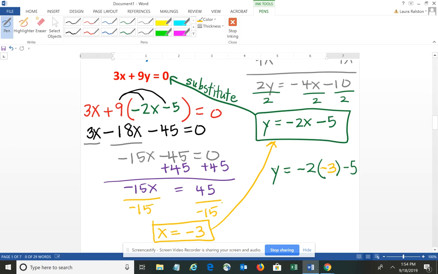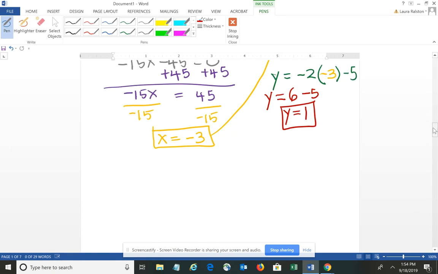So then I do the math. y equals negative 2 times negative 3 is 6 minus 5, and 6 minus 5 is 1. So I find that y equals 1.